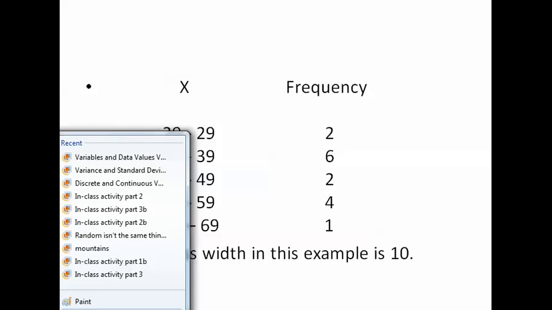We can see that right here. There's 5 numbers between 20 and 24, because it's 1, 2, 3, 4, 5.